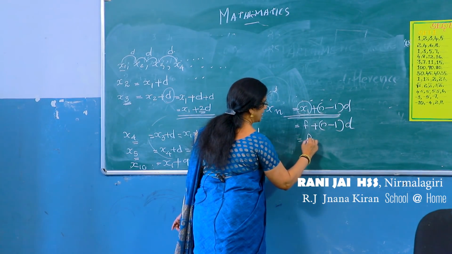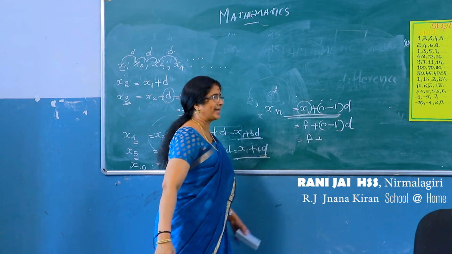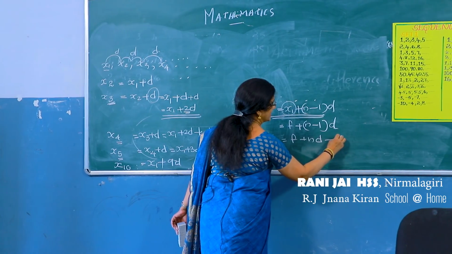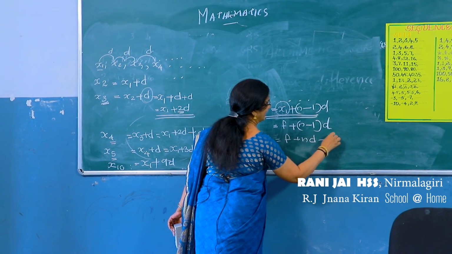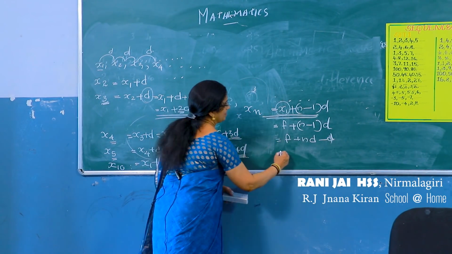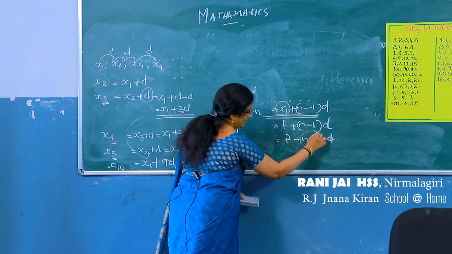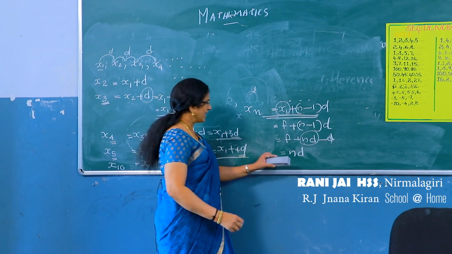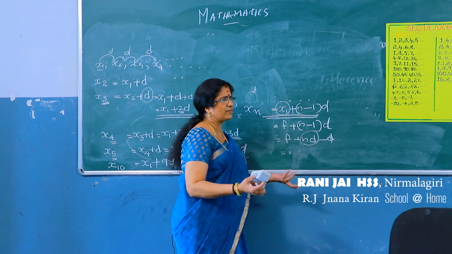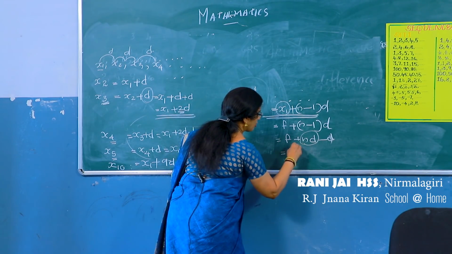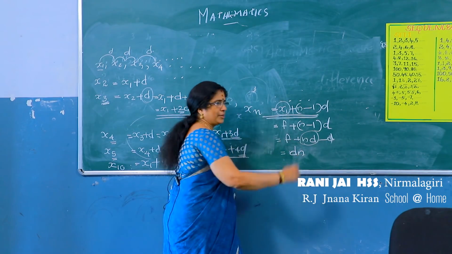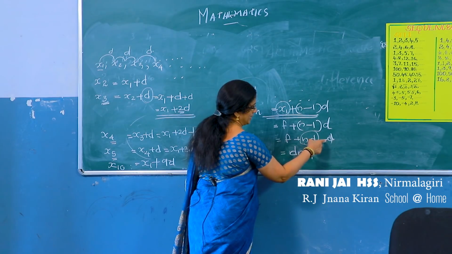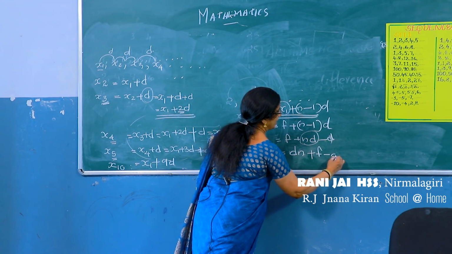Now we are going to remove the bracket: n into d, nd, minus 1d, so simply minus d. nd and dn are one and the same, because d is a constant and n is a variable. dn plus what remains? f minus d.